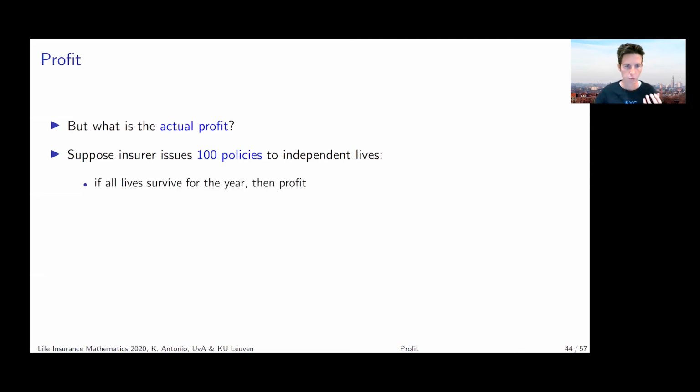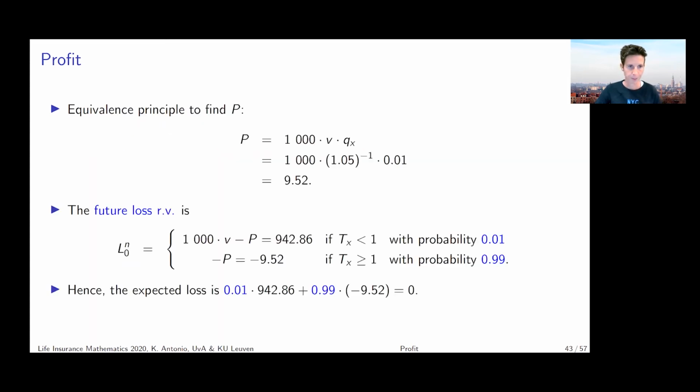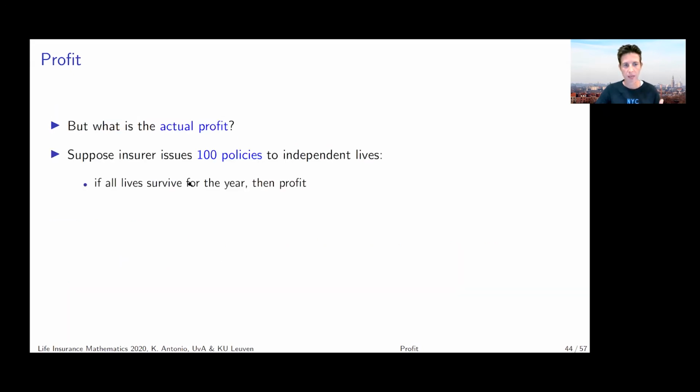So if we then say, what if all these lives survive for the year? Well, then there is a profit, of course, because then we never had to pay the death benefit of 1,000 euro. So if all my lives survive for the next year, we've got a profit. If one life dies, there is no profit and there is no loss.